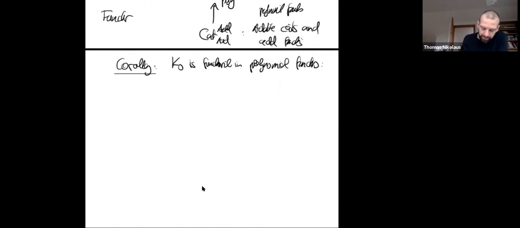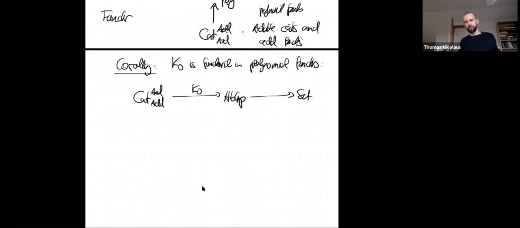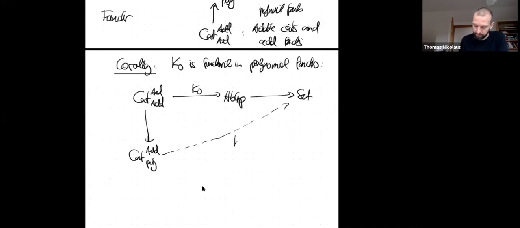So I guess this means we can look at the category of additive categories and additive functors. By definition, K0 was a functor from here to abelian groups. And we can just forget and consider it as a functor with values in sets. And then we have these larger categories where we have additive categories and polynomial functors. And the statement is that this canonically extends to a functor here. And if one says it correctly, it's even unique.